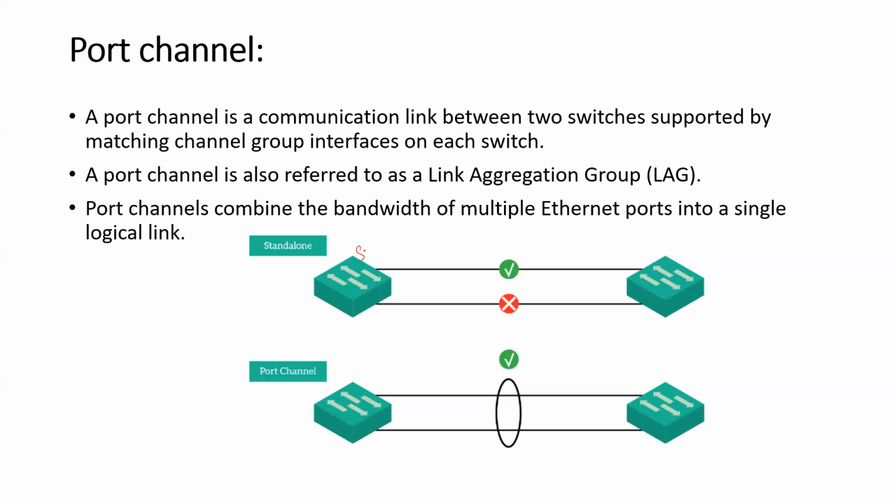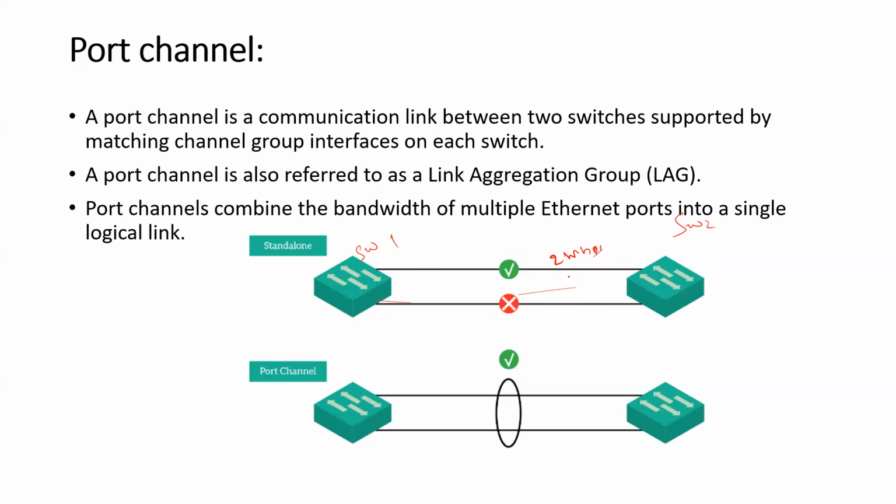Suppose we have switch 1 connected to switch 2. If these two switches are connected with each other by only one link and some issue happens to this link, we need to have some other link available, right? Suppose this is a 2 Mbps link we connected between the switches.